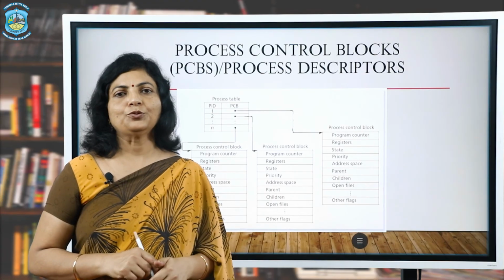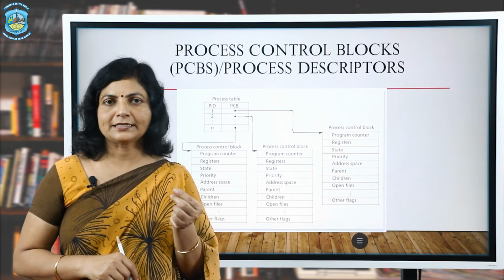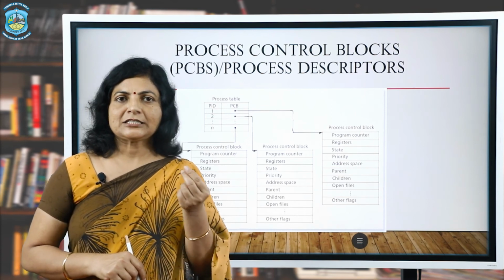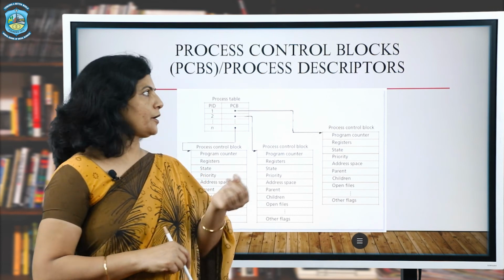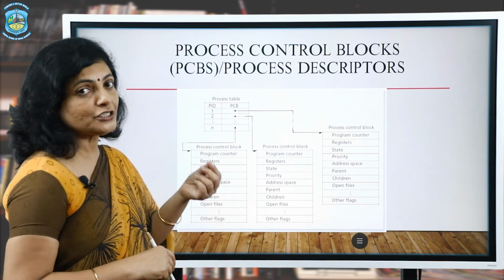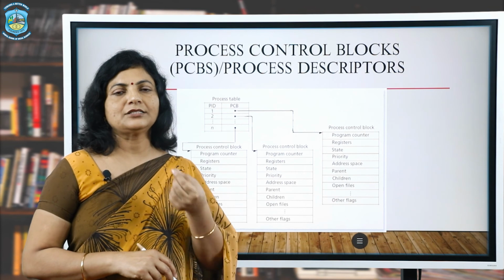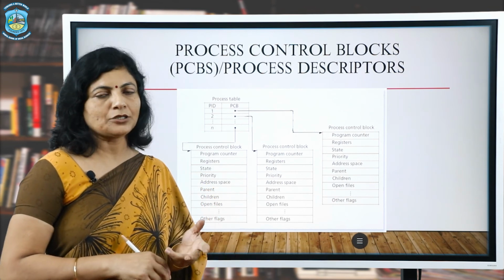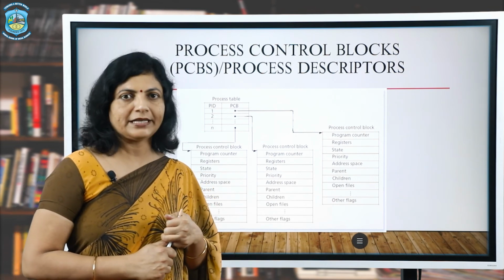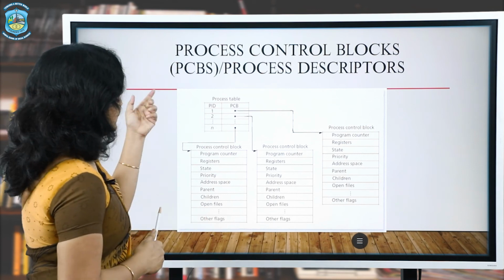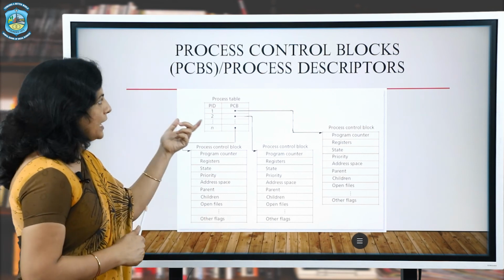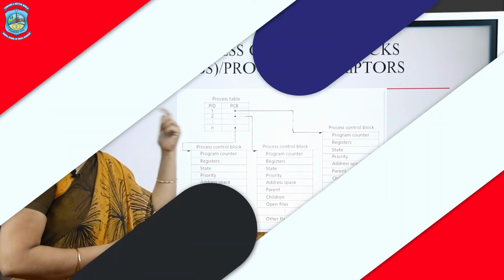As I have explained, whenever a process is created, its corresponding PCB, or process control block, which is also known as JCB, that is job control block, is also created by the operating system. So, in PCB, it describes each process.